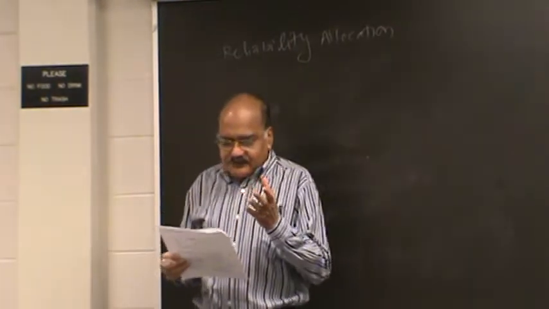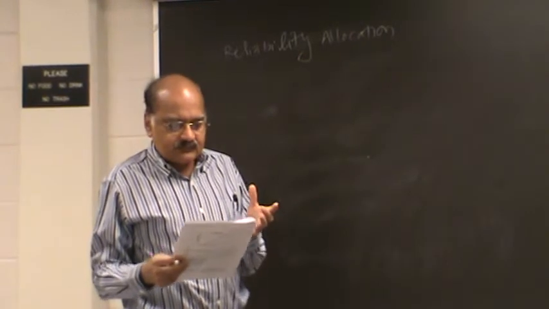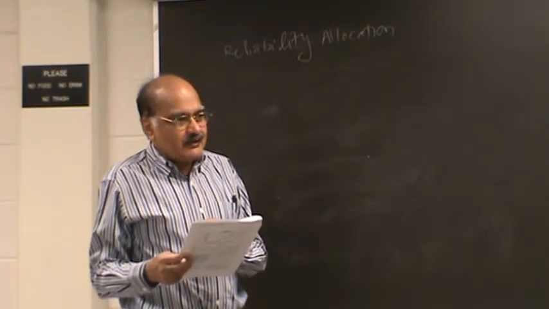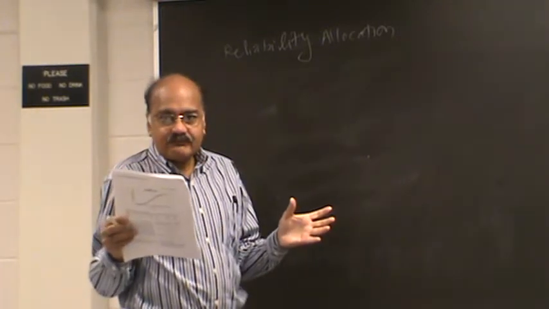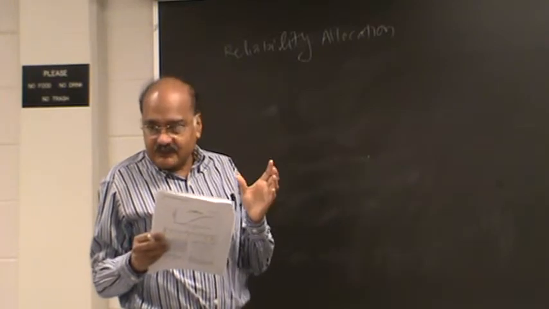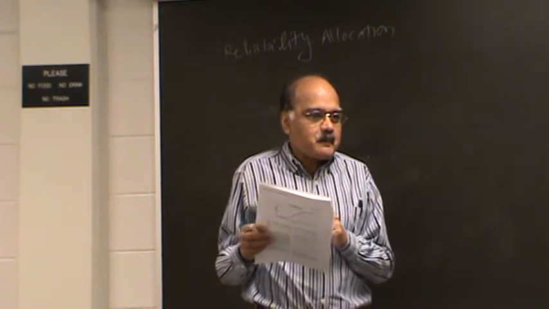So the idea is that you want to make a system reliable. You have a system which is composed of components, and you can use some redundancy to make those components more reliable.